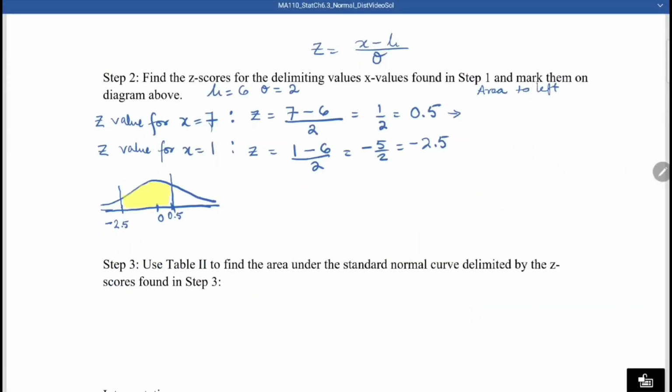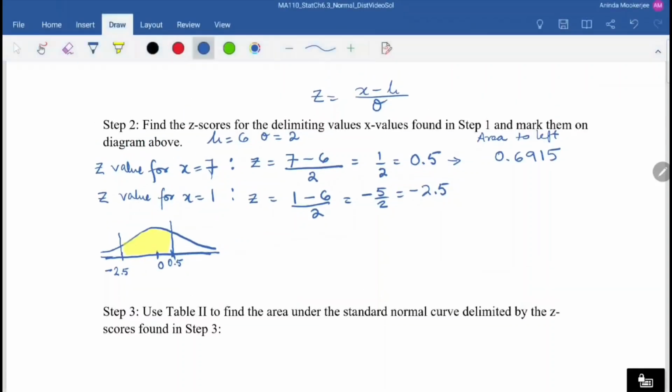So it is 0.6915. And then we have to find the area for negative 2.5, right? 0.6915 is actually all this area, this entire area. So we have to subtract this area as well. We have to exclude the area to the left of negative 2.5, and that's the reason we need to find the area to the left of negative 2.5.